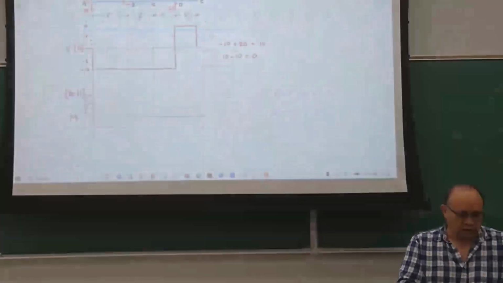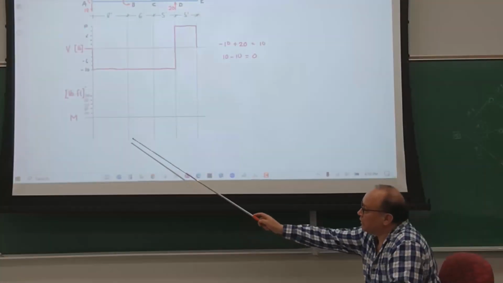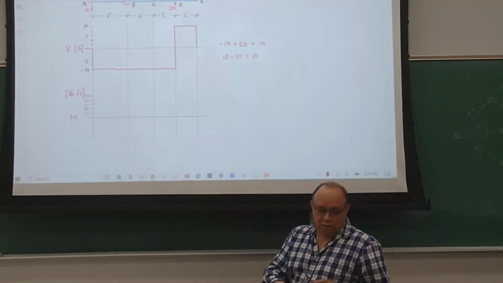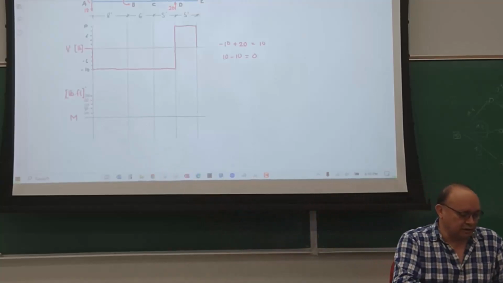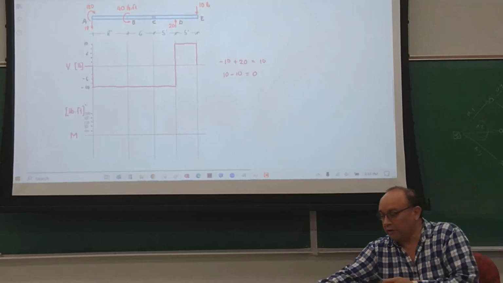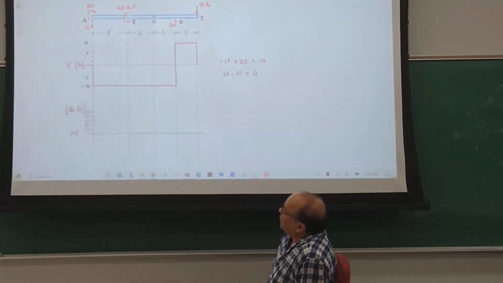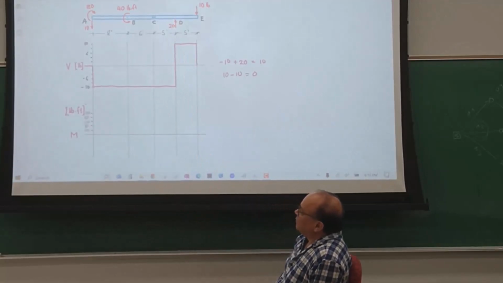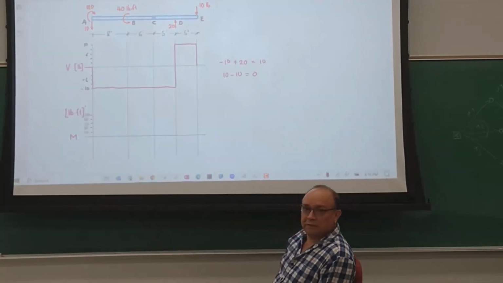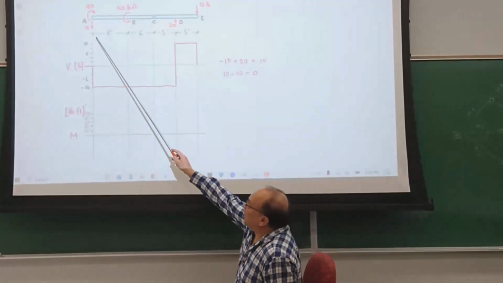Okay, so how do I do this part here, starting here? Oh no, it's starting here. You have to look at the original thing. According to the diagram here, what do we do here? You have this moment, right?